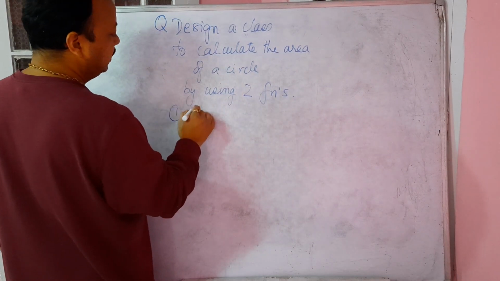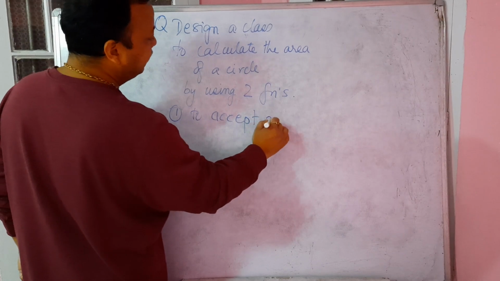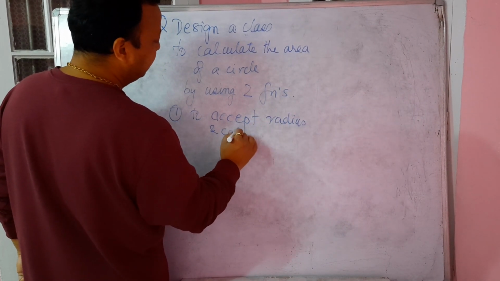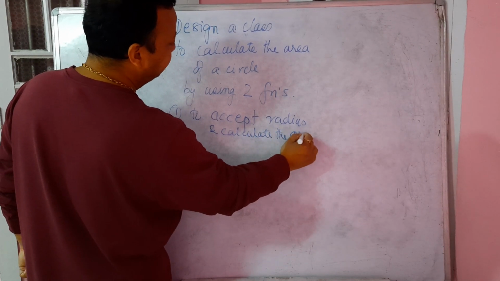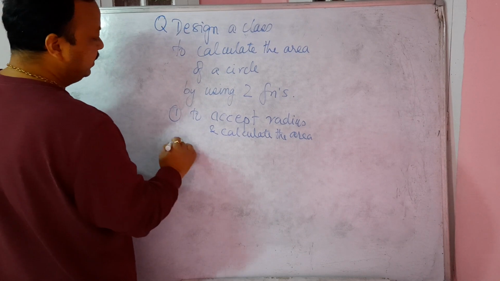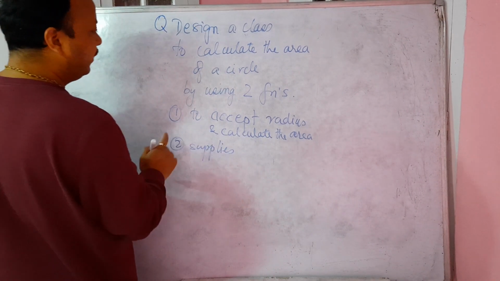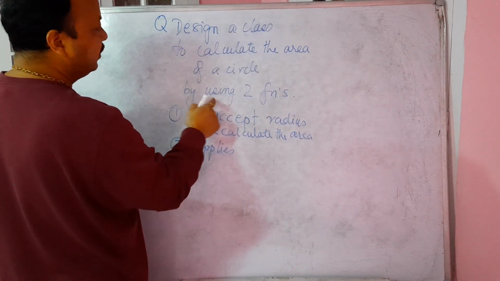One, to accept the radius and calculate the area, and the second one, the second function.